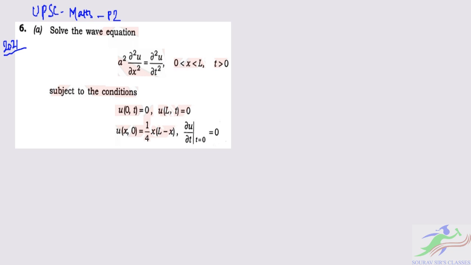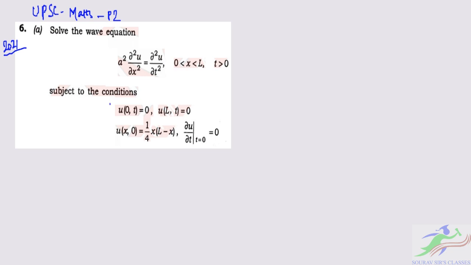So part A is saying to solve the wave equation, where this wave equation is given as a square del square u by del x square equals del square u by del t square, in the range 0 to L, with t greater than 0.